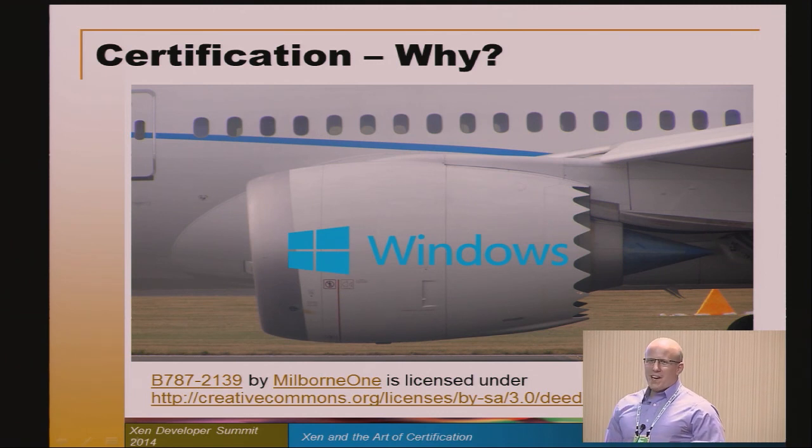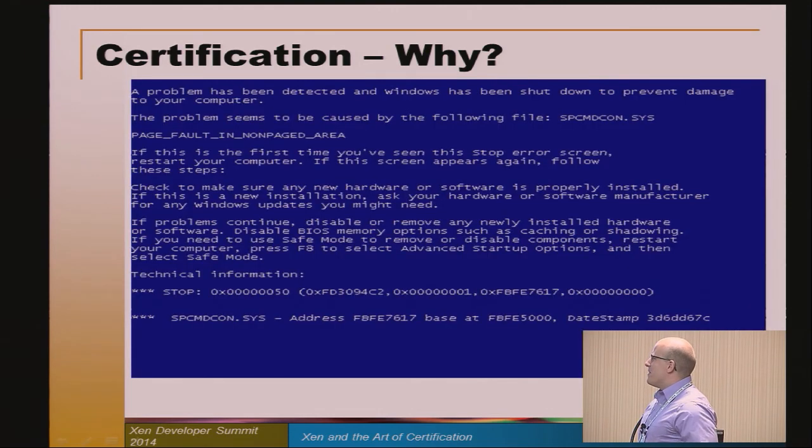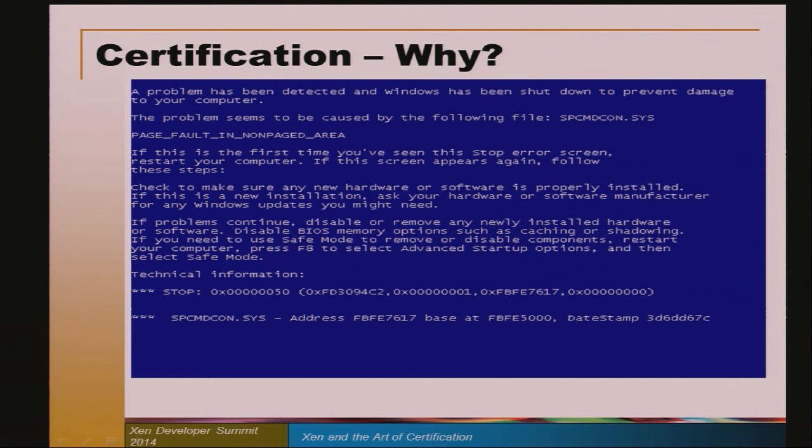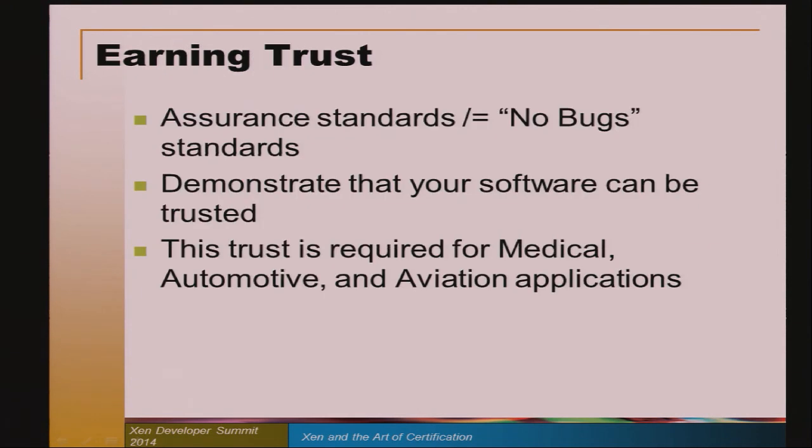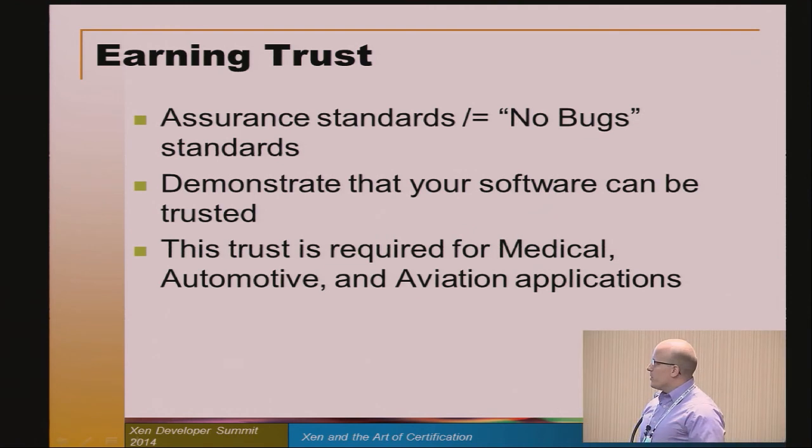And I hope that everybody else would be jumping off as well, because everybody has had this experience with Windows. Windows can't be trusted to run cat videos online, so why in the world would you ever trust it to run your airplane? And really, when you get down to it, that's kind of what certification is about. It's about trust. All the certification standards that automotive and aviation use are assurance standards.